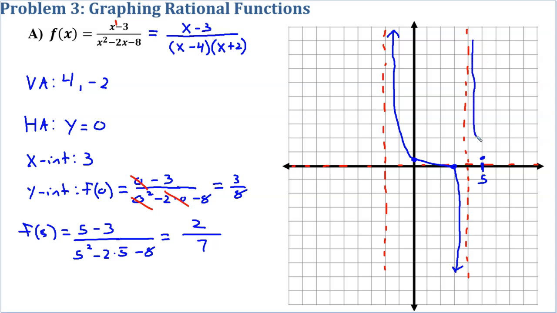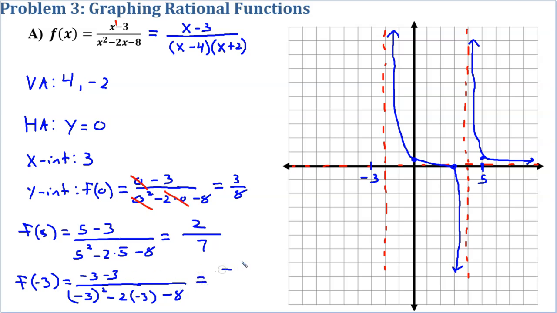So kind of like with our reciprocal function, we can just draw the rest of the graph in following those asymptotes. We want to do the same thing on the left side. We can plot a point at -3. f of -3 is going to be equal to -3 minus 3 over -3 squared minus 2 times -3 minus 8.